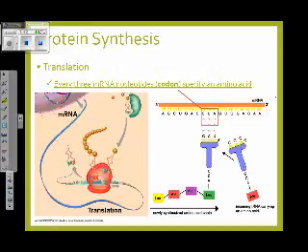All right, so this is where things become important, where you need to watch how things are being done, because this is kind of what your assignment's going to be on. Every 3 mRNA nucleotides are called a codon, and each 3 specify an amino acid.